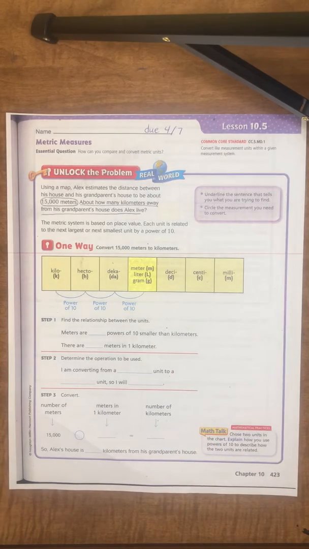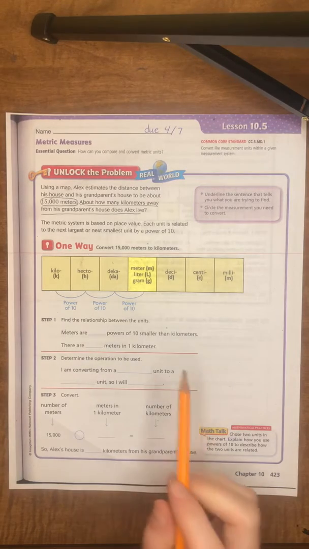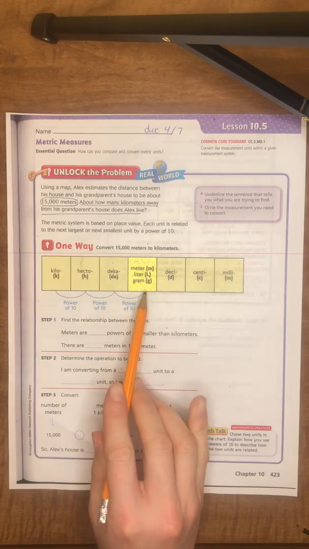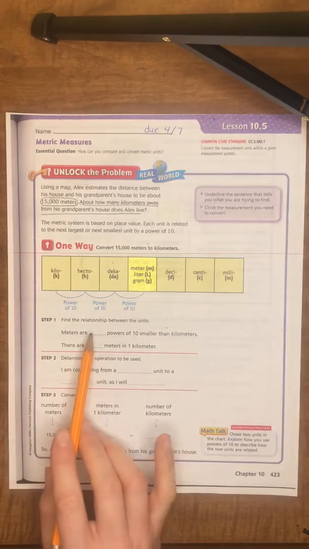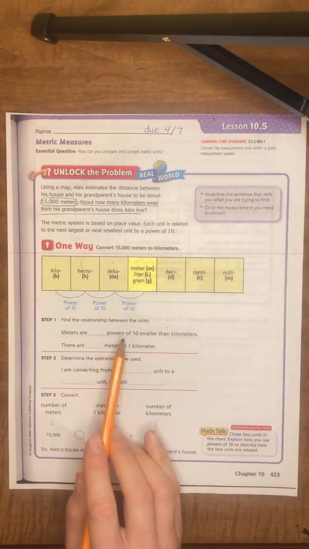The metric system is based on place value. Each unit is related to the next largest or next smallest unit by a power of 10. So we are starting out in meters and we want to go to kilometers. Find the relationship between the units.